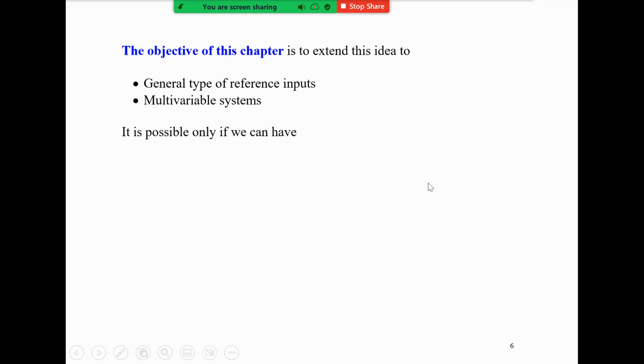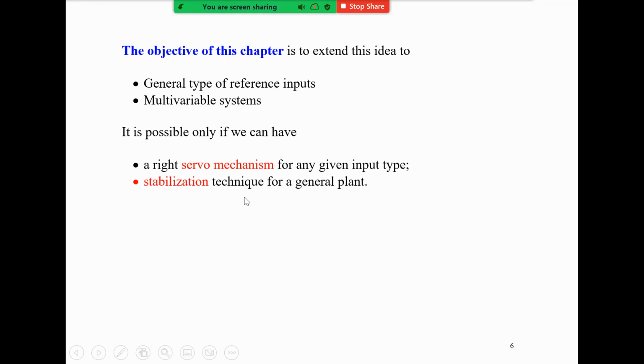And we know we can solve the problem, right? If we can have a right servo mechanism for any given input type, and also we know how to stabilize the closed loop. Okay, so therefore, roughly speaking, the servo control design, there are two parts. One is servo mechanism. The other one is stabilization.